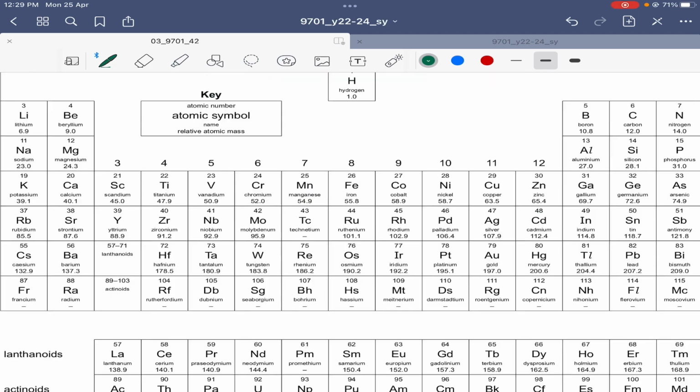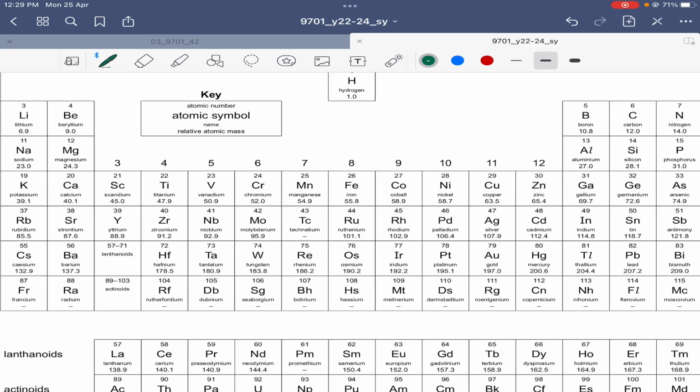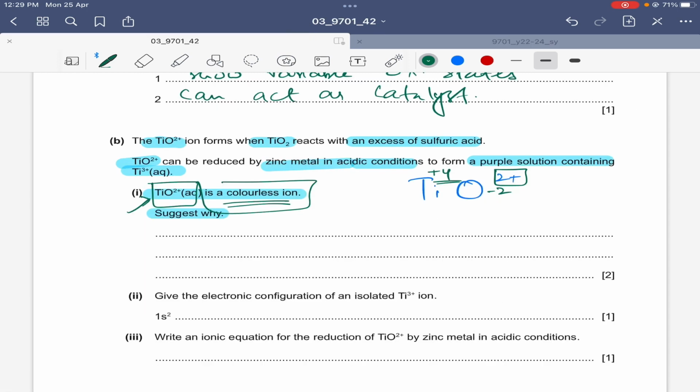And let's look at the atomic number of titanium. The atomic number of titanium is 22, right? So if we write the electron configuration of titanium, that means 22 electrons: 1s2, 2s2, 2p6, 3s2, 3p6, then 4s2 and 3d2.